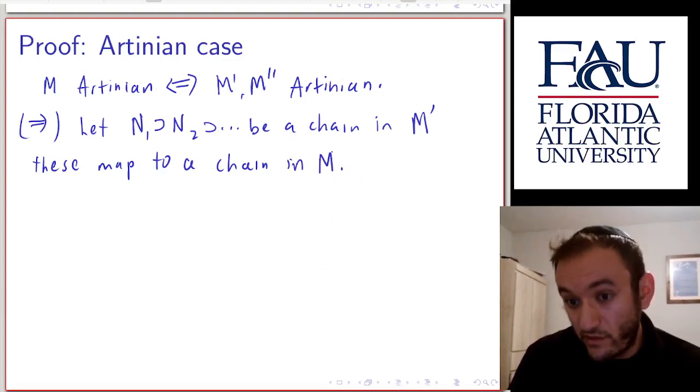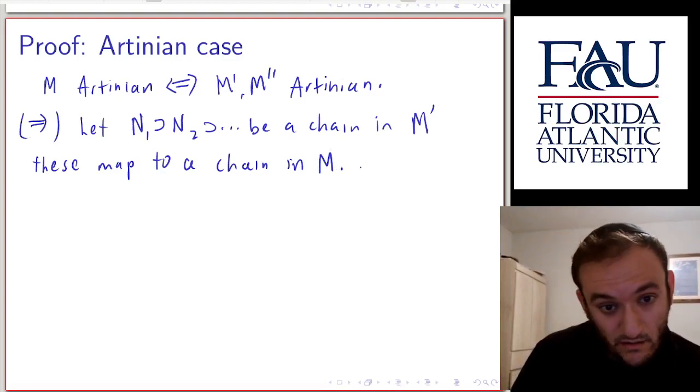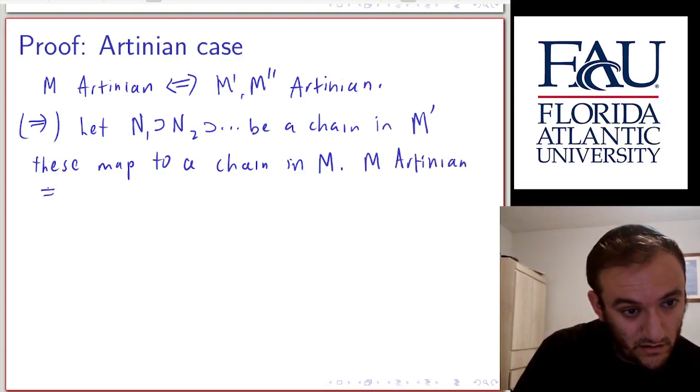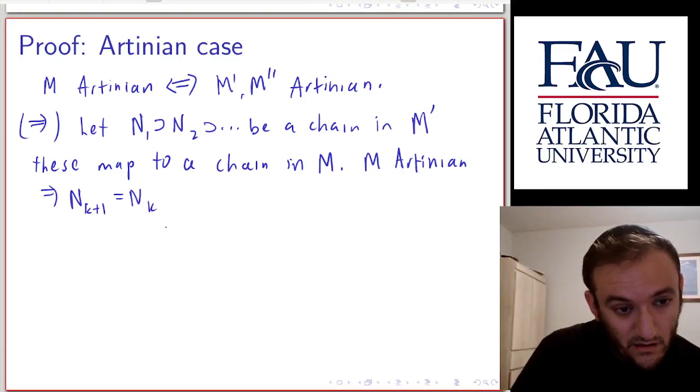By the fact that M is Artinian, the chain is stationary. That is, Nk is equal to Nn for all k greater than n.